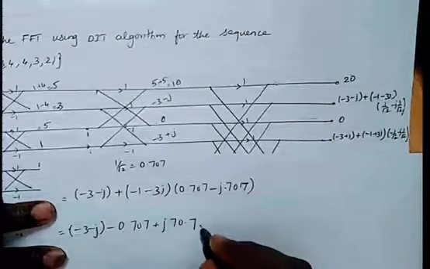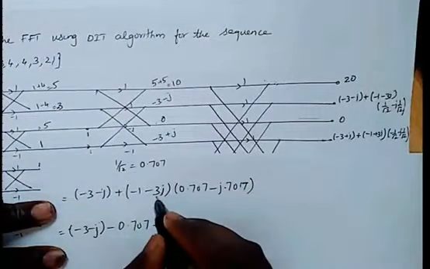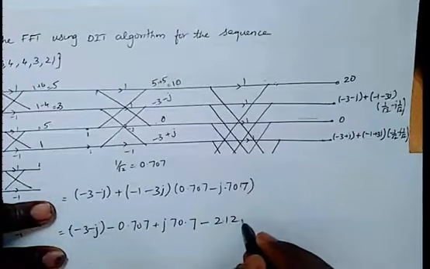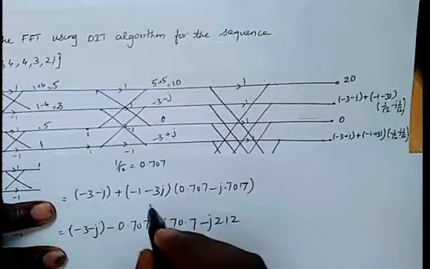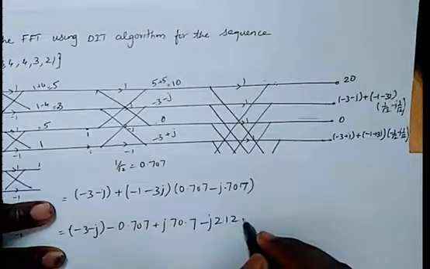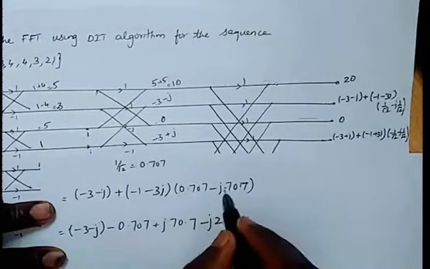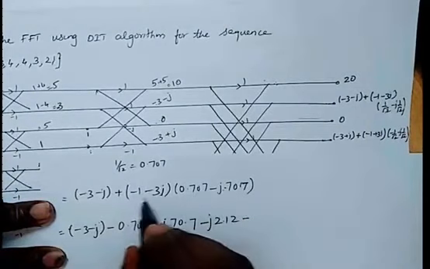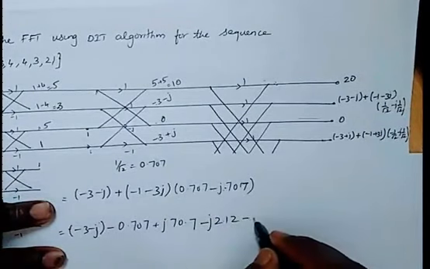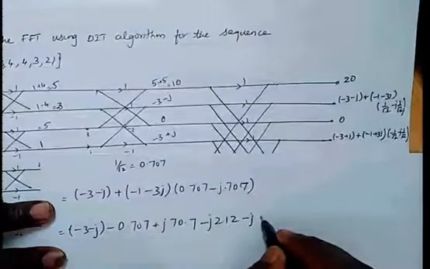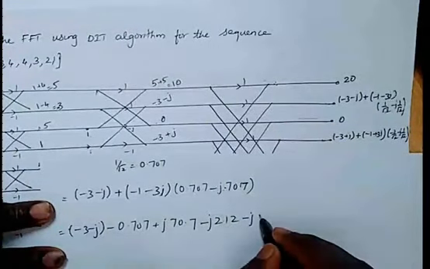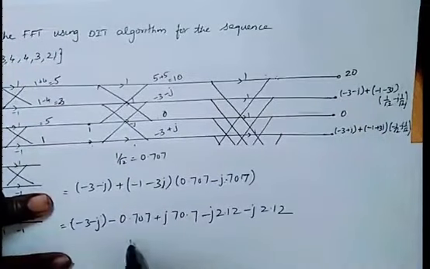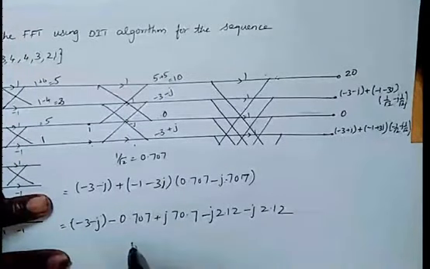Now we'll multiply with minus 3j, it's going to be minus 2.12 minus j into 2.12. Then we have minus and minus plus, but here it is j square, j into j is j square, which is equal to minus 1, so minus into minus will become plus.